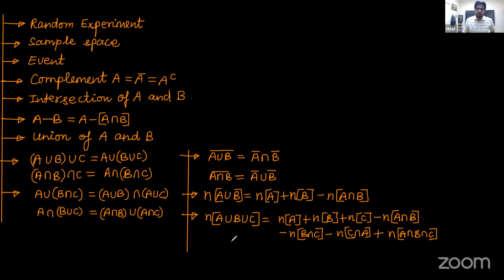Perfect. So far, so good. A random experiment is anything whose outcome is not fixed. Anything that you observe, for example, whether rain will happen today, the outcome is not fixed. So that's a random experiment. What will be the temperature tomorrow at 1 p.m.? Random experiment.